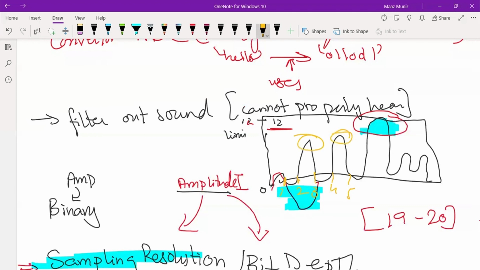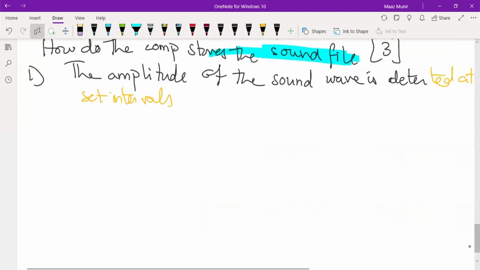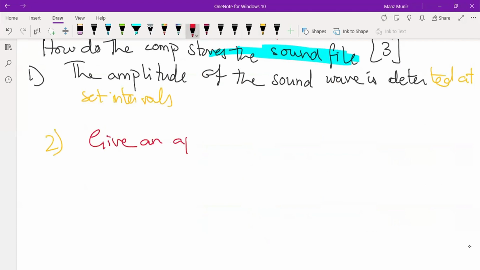So we firstly get to know the amplitude, after which the second step basically is we give an approximate representation of the sound wave.